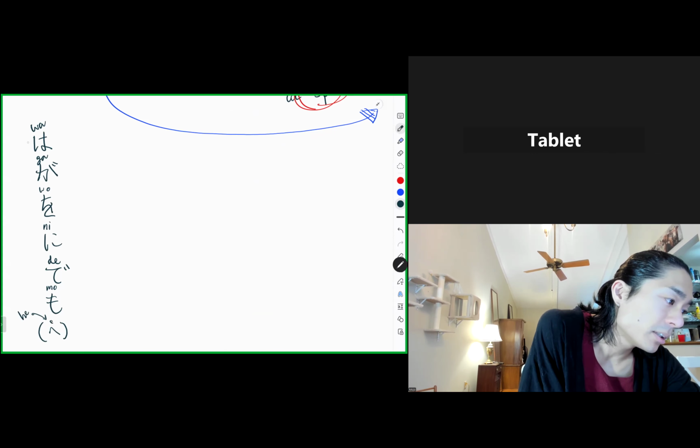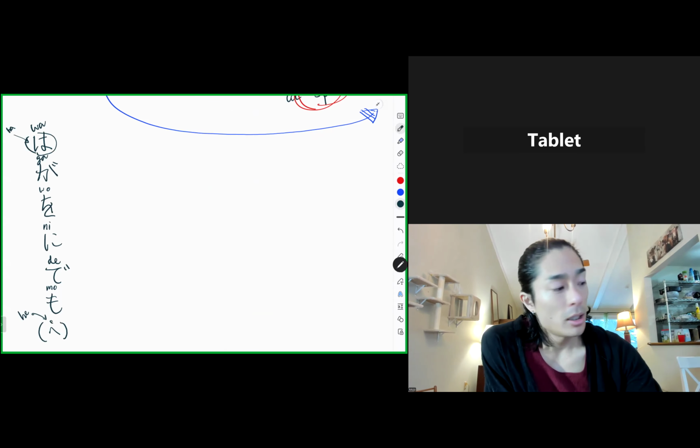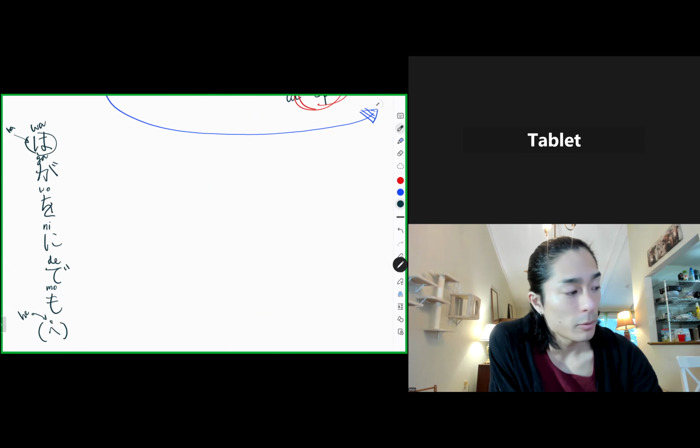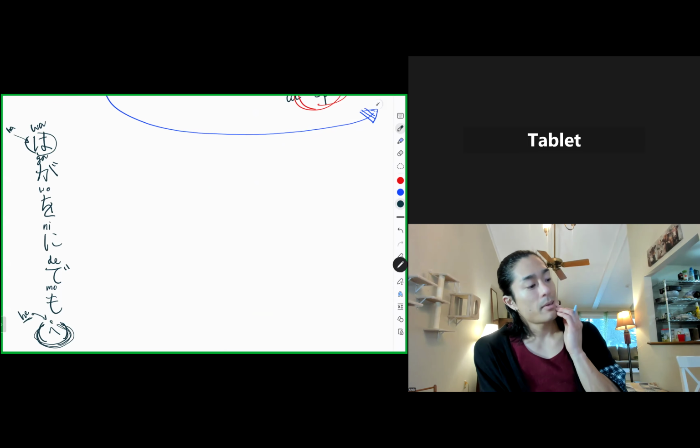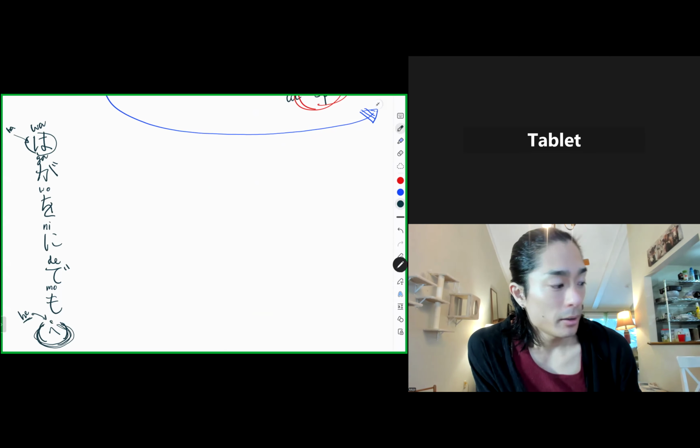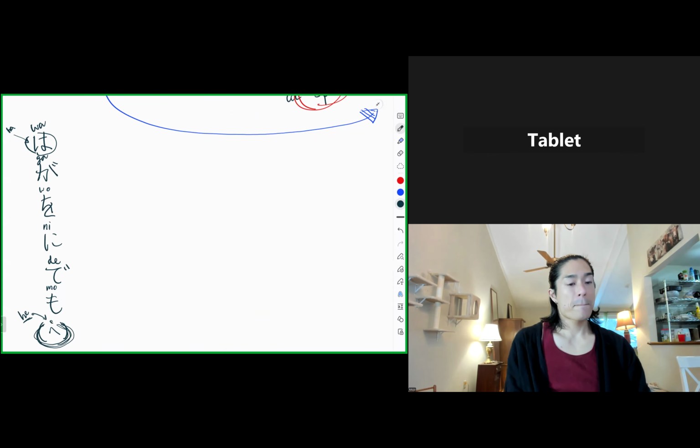Same with this one. This is written as ha, but when we use this as a grammatical particle, we pronounce it as wa. This one too, it's pronounced as e when it's used as a particle. Normally he. Okay, we're gonna start with these main particles.